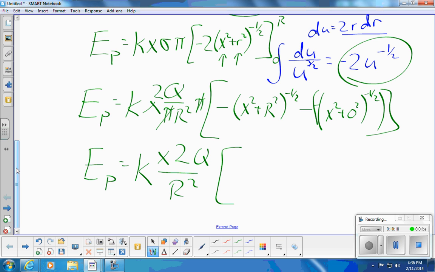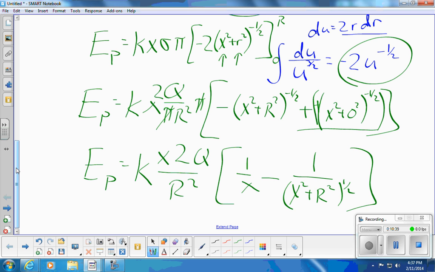And inside here I have, this is 1 over X on the right, and it's negative and negative, and it's X squared to negative 1/2, so that's 1 over X, this whole term, and then minus 1 over the square root of X squared plus big R squared. And that is that. Okay. Good. Done. See you.